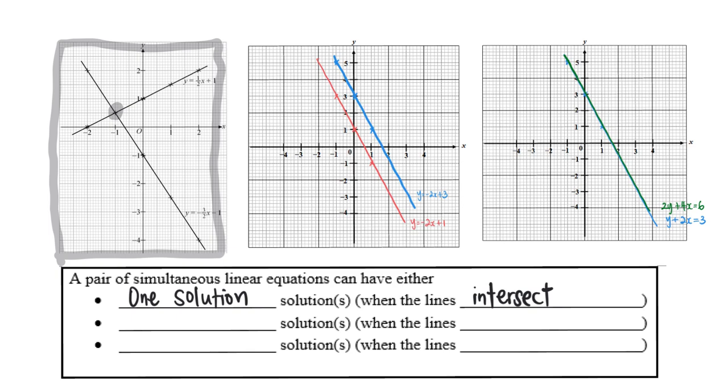However, when the lines do not intersect and are parallel to one another, like in the second graph where you see two parallel lines, they do not intersect and have no solution.